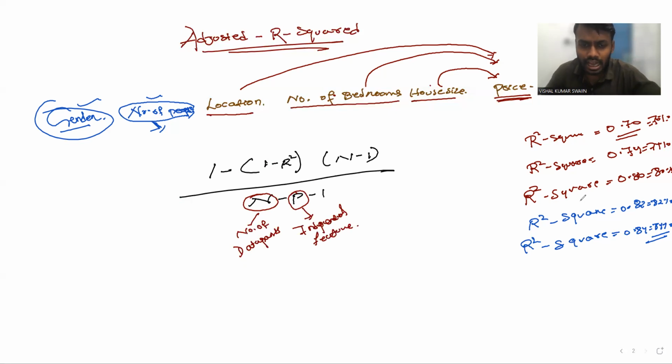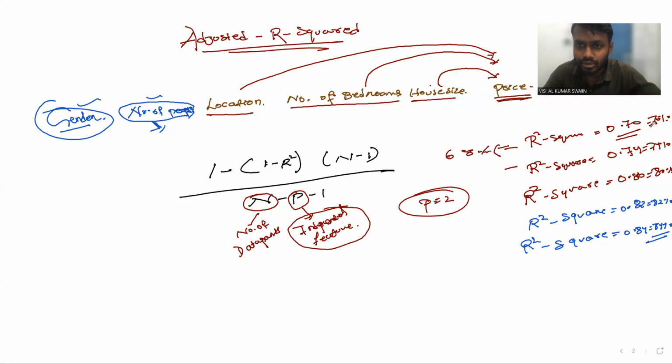If you add features, the p value increases, and since the feature count is in the denominator, it will decrease the accuracy. If this one is 70%, then the adjusted R square will give 68%. If this one is 74%, it will give 72%. So if you increase the p value, the number of features, the adjusted R square decreases, because the feature count is added in the denominator.